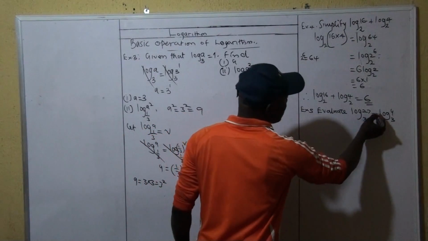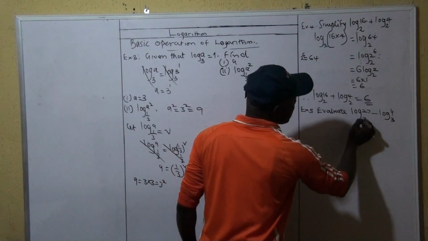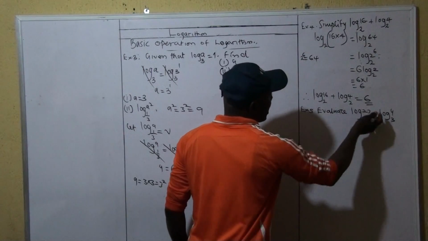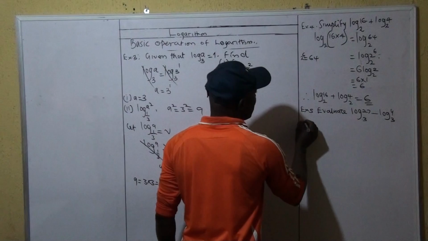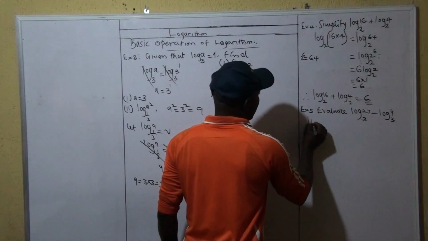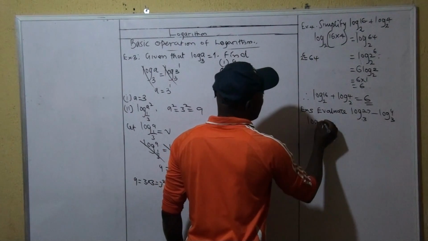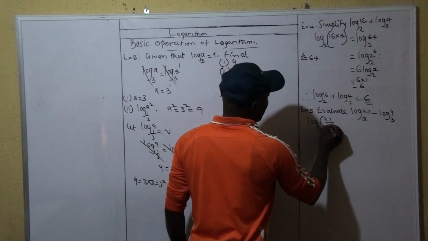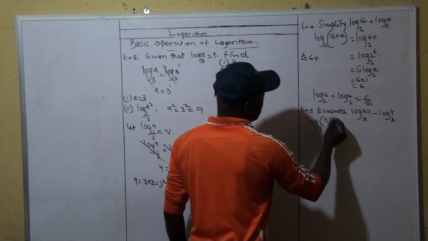So in this case, this is a subtraction sign. You must know whether the bases are the same. If they are the same and there's a subtraction sign here, you have to apply division inside the log. This is log base 3 of 27 divided by 9, and 27 divided by 9 is 3.